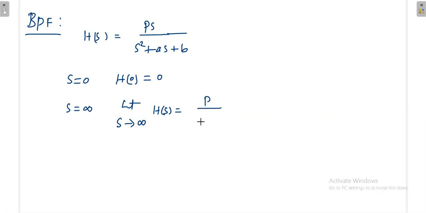Then this is p by s plus a, simply a plus b by s. Then you substitute infinity: infinity plus a plus 0, so finally this is 0. So it is not allowing the low frequency and also it is not allowing the high frequency.